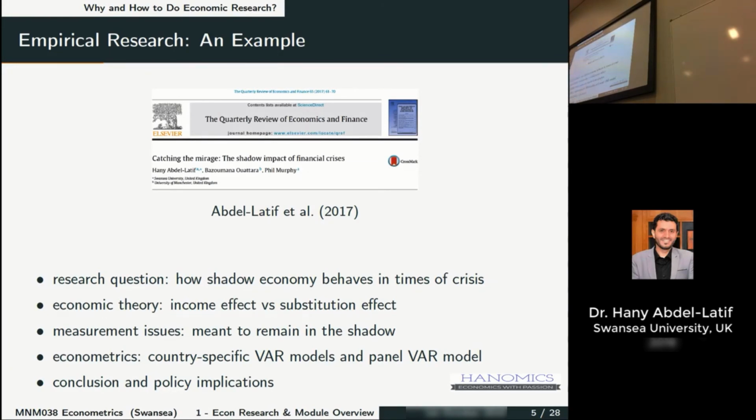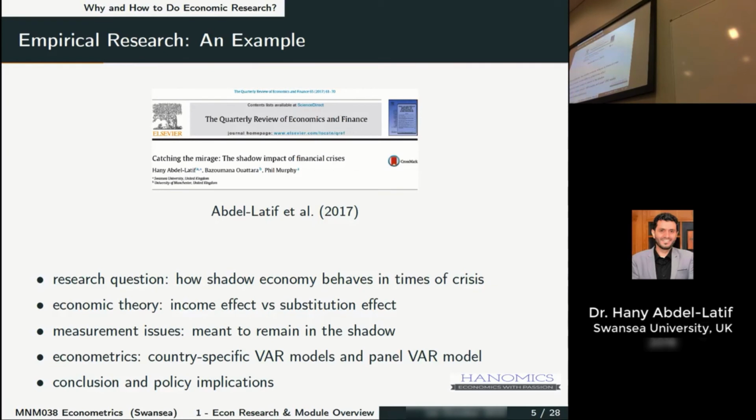You don't know where it exists. Researchers do their best to get something, but it doesn't necessarily catch 100% of these sort of economic activities.